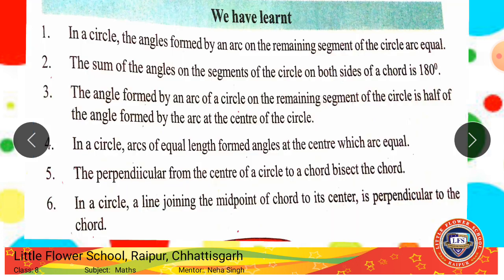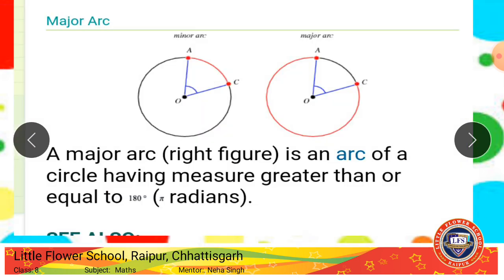And second is, you need to know what are major arcs and minor arcs. See here, suppose I am talking about this small part, it is called an arc, right? Major and minor, from the term itself, what will be the major arc?